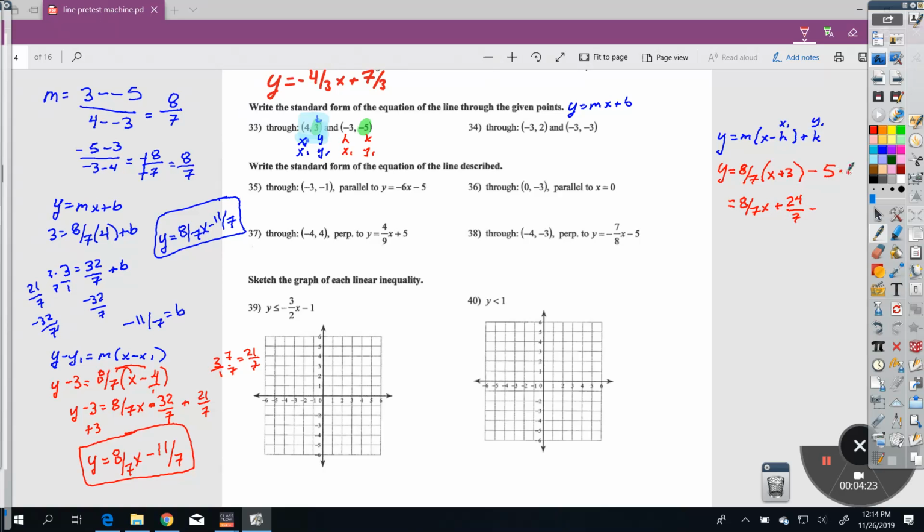Now if I turn 5 into sevenths, I multiply top and bottom by 7. So that's minus 35 over 7. So 35 minus 24 is 11, so minus 11/7. So 8/7 x minus 11/7 equals y. So I get the same answer regardless of which point I use.